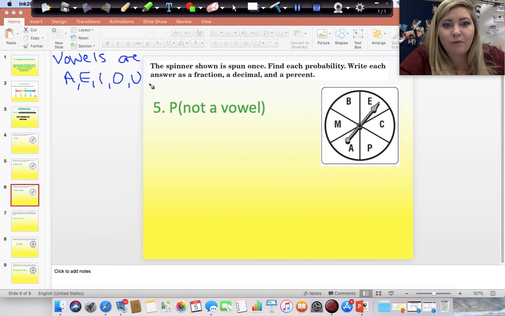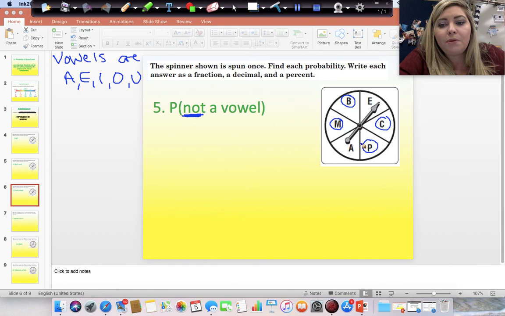I don't know. That was back when I was little. Okay, so A, E, I, O, U for sure. So we want the probability of it not being a vowel. So any of these letters that are not a vowel, that is what we want to find the probability of. So M is not a vowel, B is not a vowel, C is not a vowel, and P is not a vowel. So 4 out of 6 total are not vowels.